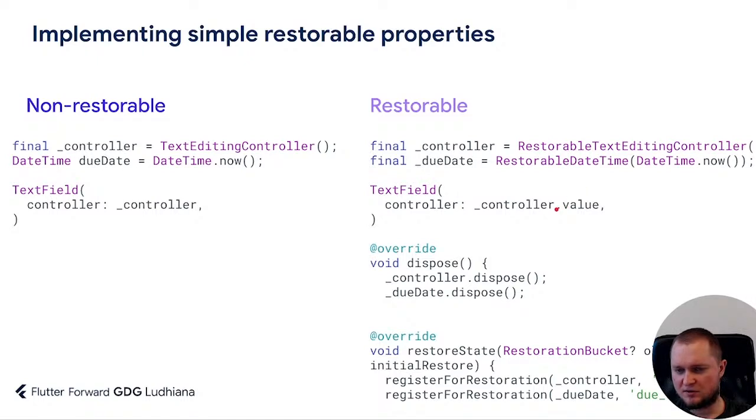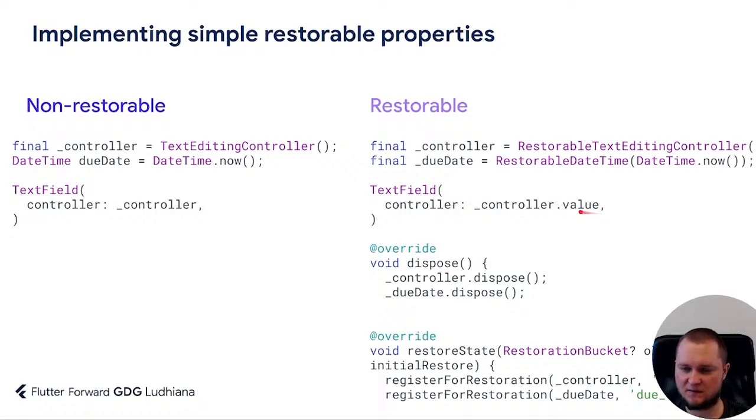What is important, those restorable values, restorable classes, don't extend from their underlying variants. So the restorable text editing controller is not a subclass of text editing controller. You cannot use it directly.